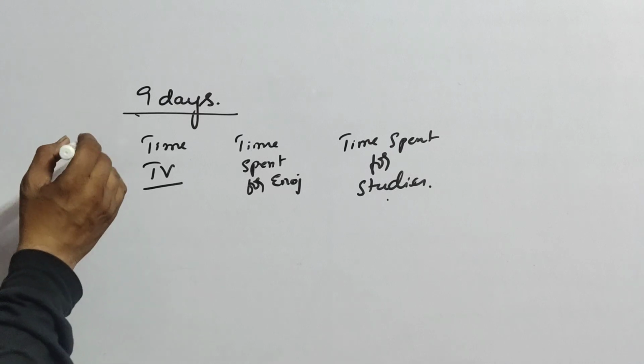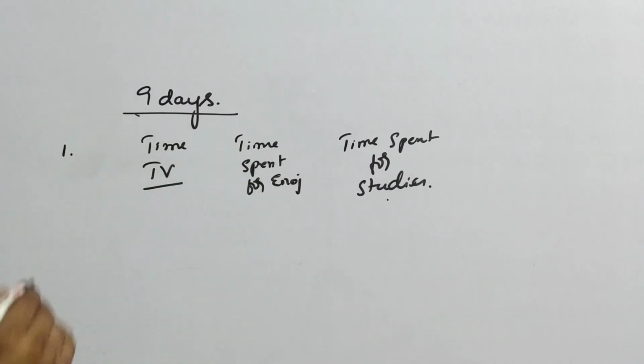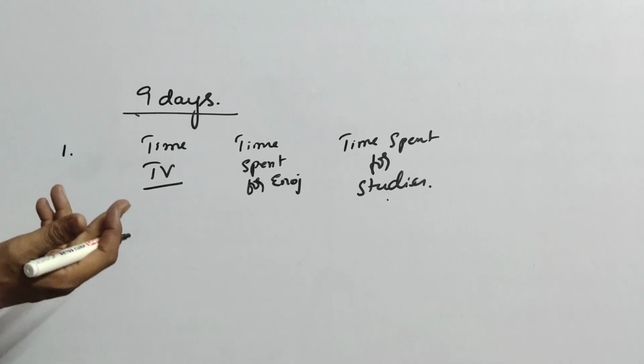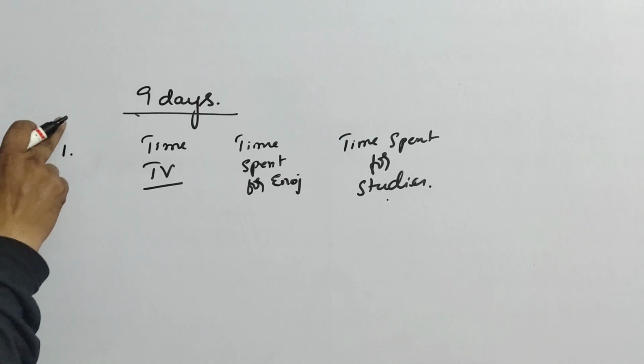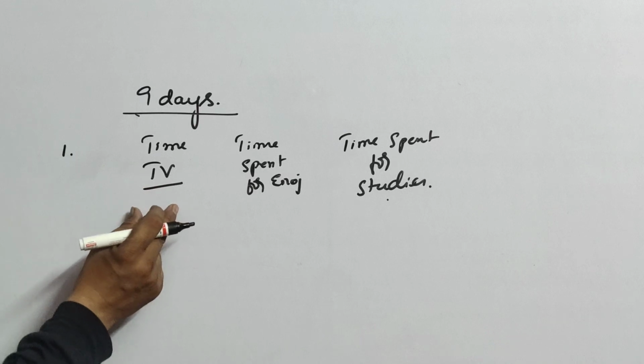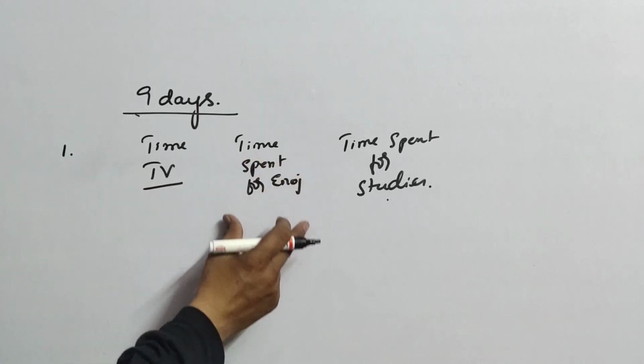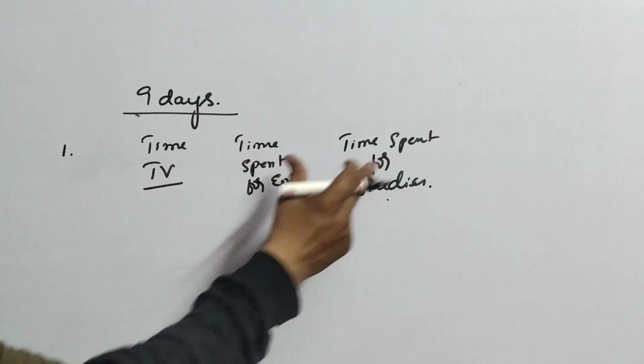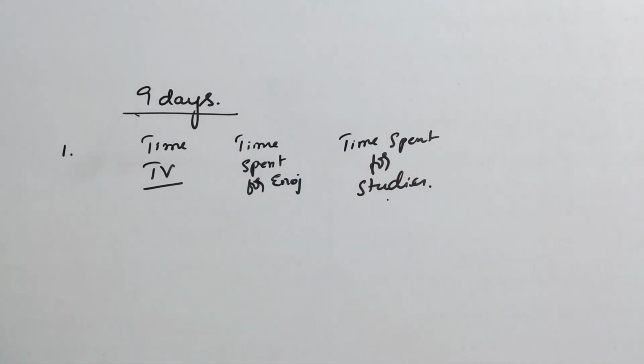Prepare one table like this. Day 1, suppose Saturday. No need to write the date. Write the serial number and day, day 1, first day. How much time you have spent on TV, time spent for enjoyment, time spent for studies.